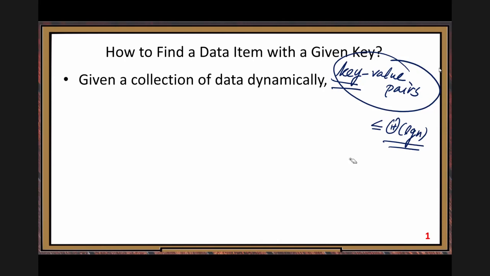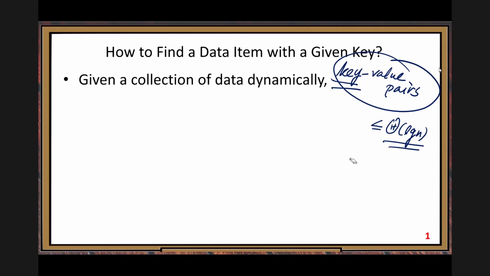At this step, we need to design that data structure first. This data structure, our design goal, we want to support fast search operation. So that's our main concern, fast search operation. Given a key, so here, last time I talked about key value pairs.